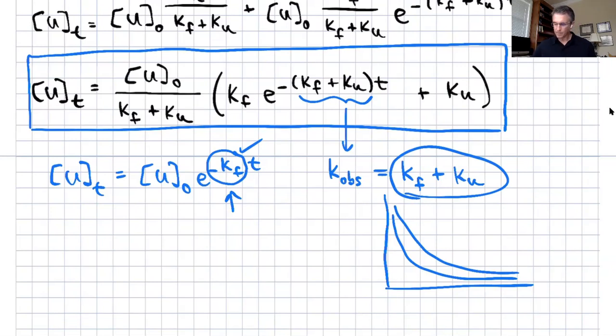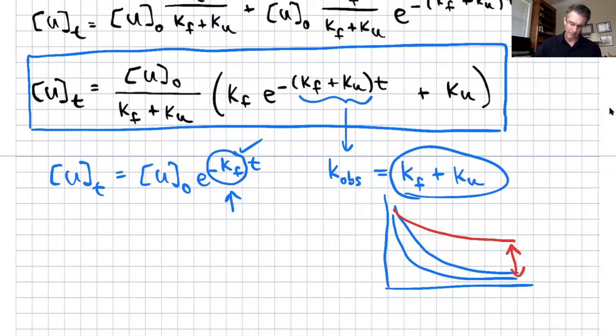Okay, but we've also got that smaller amplitude term, right? The reversible process we did, if you remember, doesn't come down here as far. So where is that coming from?